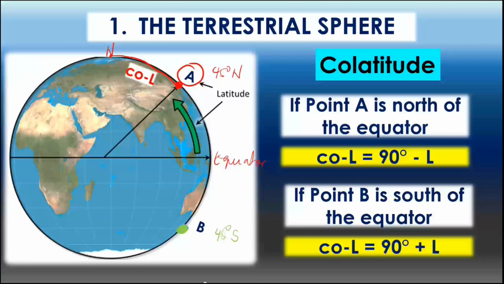This is the latitude. The colatitude of it would be what? From the north, you're going to determine the angle towards the said point.